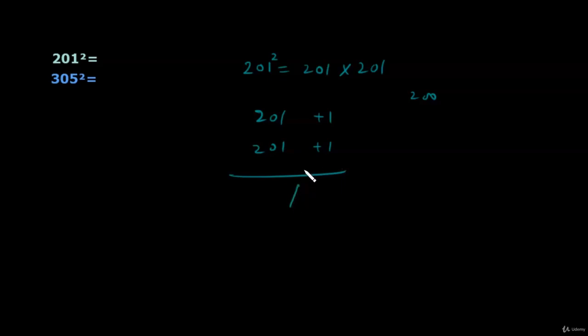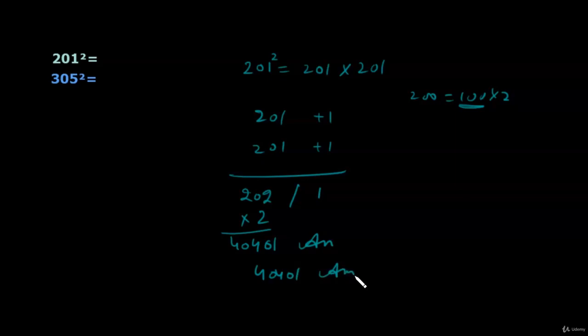We can write the first part by adding 1 to this number, this gives us 202, and the second part is the product of 1 and 1, that is 1. But 200 is 100 times 2. So we can multiply the first part by the sub multiple 2. This gives us 404, and the second part has to be a 2-digit number because the main base is 100. So this is 01.